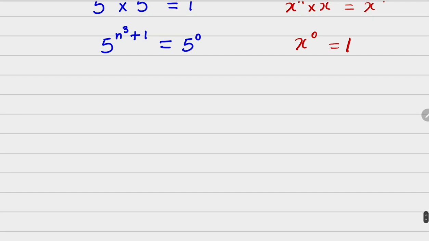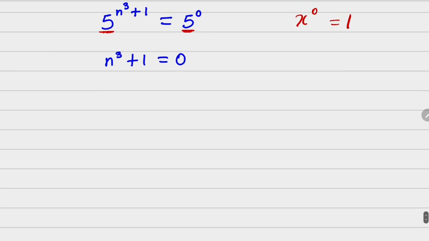Okay, now, for the left hand side to be equal to the right hand side, and here the base is 5, and here the base is 5, we can now conclude that n raised to power 3 plus 1 is equal to 0. So we have an equation here that we are to solve.